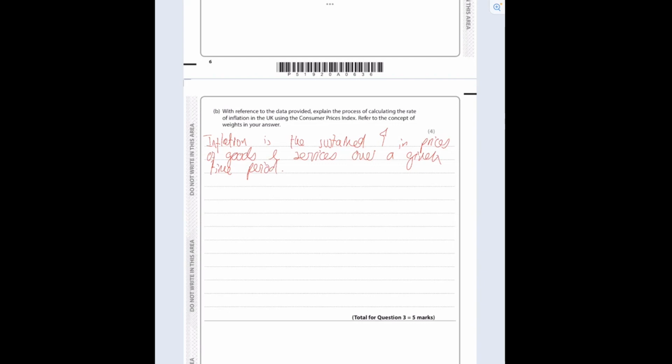Inflation in the UK is measured typically on an annual basis.